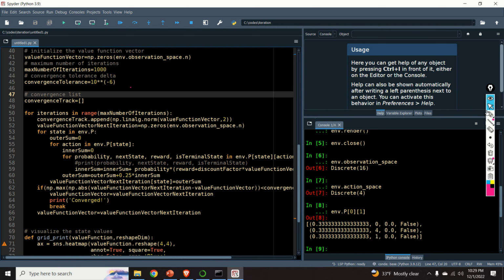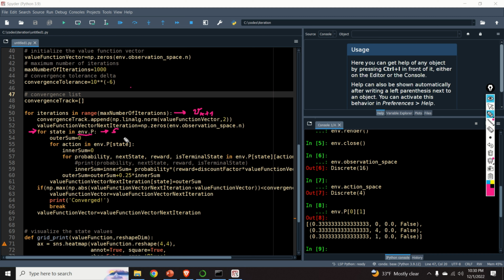Okay, so here is again our code. This for loop over here iterates over k, that is, it will compute vk plus 1, the vector containing value functions for the next iteration. This for loop iterates over the states in our environment.